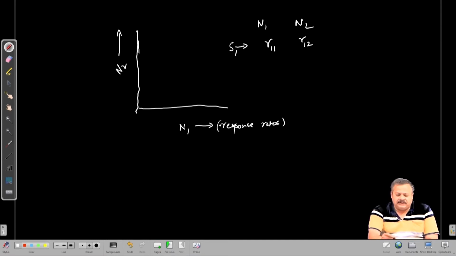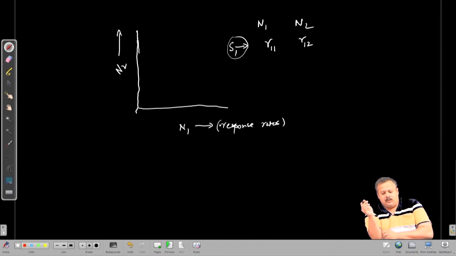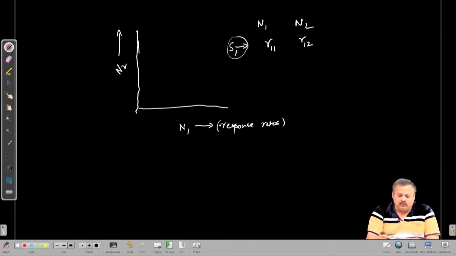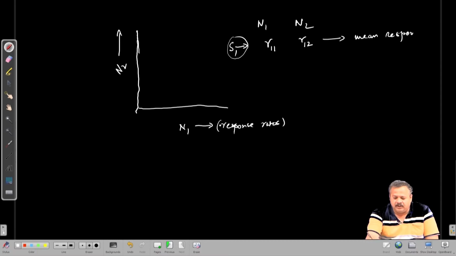So, for this stimulus S1 or S, we have the responses R1 and R2 as the mean response, estimated, as we have discussed multiple times, from multiple repetitions, let us say capital M repetitions of the stimulus.